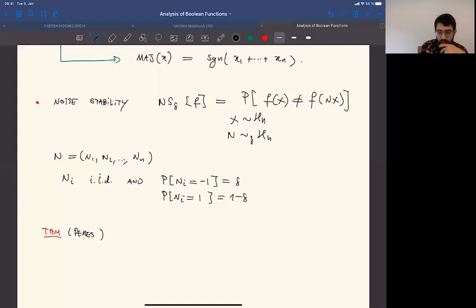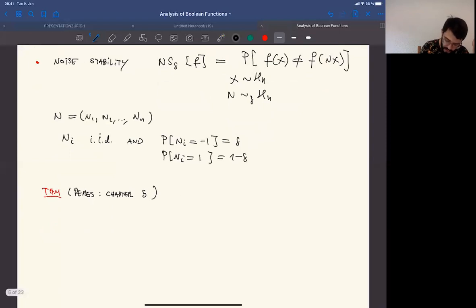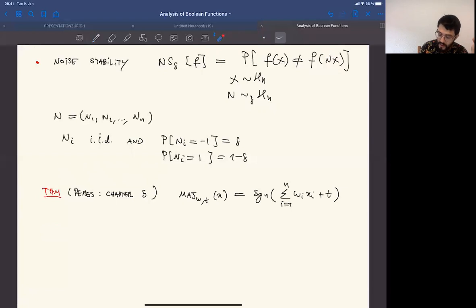Or you can also read in chapter 5 of Ryan O'Donnell's book. And what is the result? So if you have a weighted majority, so instead of now counting majority, you count with a certain weight, and you have a certain threshold.